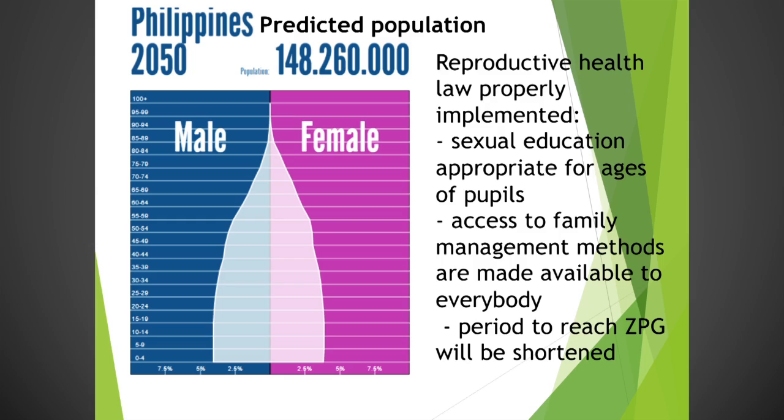The bars are more or less the same. It means that the number of people added would be just the same as in the previous year. That's why it's ZPG. The number of individuals moving to the reproductive period will be equal to the number of individuals that are born, or the newborn individuals.